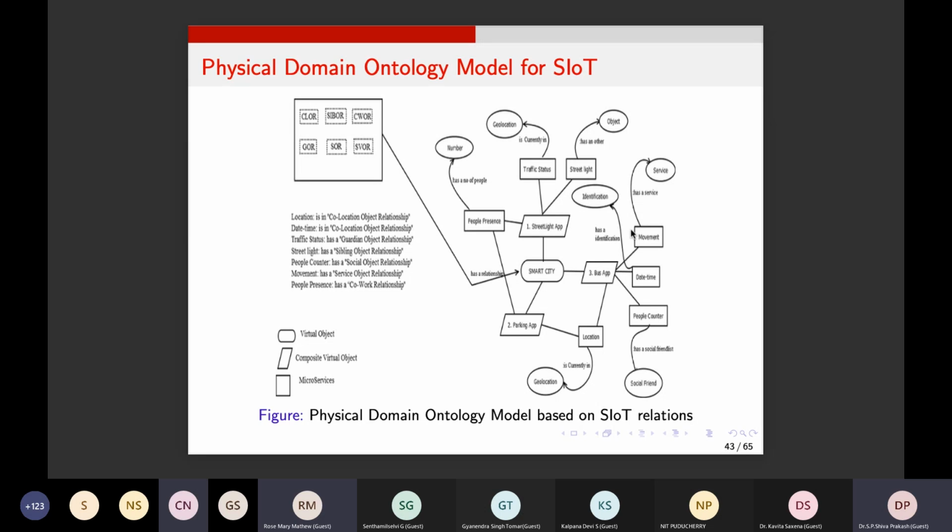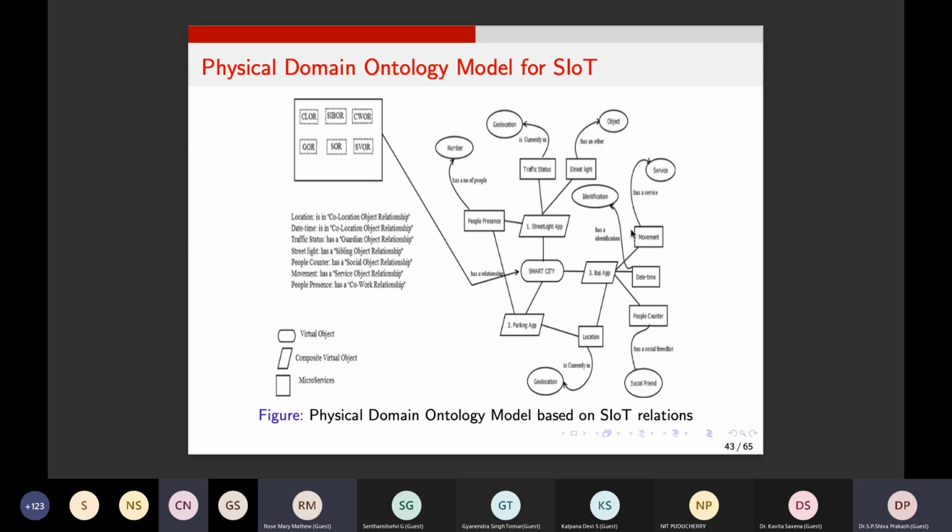So based on that, the location is in co-location object relationship, the date time is in co-location object. Similarly, the traffic status has a guardian object relationship. Street light has a sibling object relationship. The people counter has a social object relationship. The movement has a service object relationship. Again, the people presence has a co-work relationship.